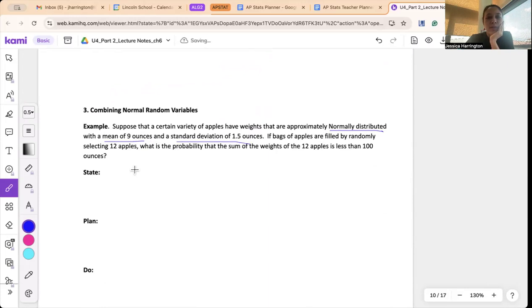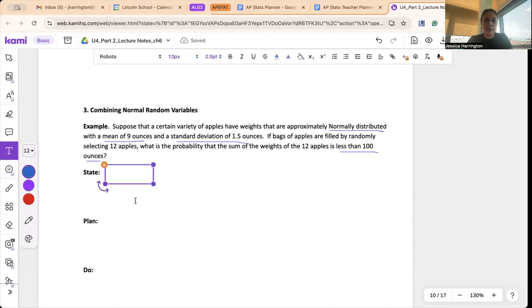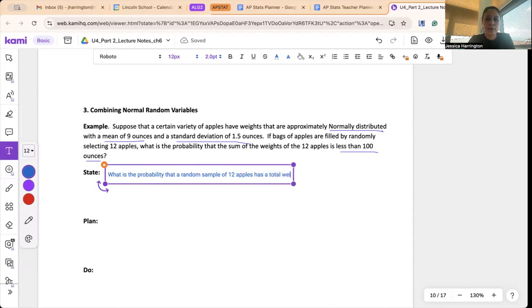If bags of apples are filled randomly, selecting 12 apples at a time, what is the probability that the sum of the weights of the 12 apples is less than 100 ounces?